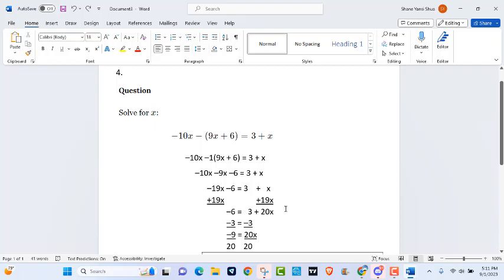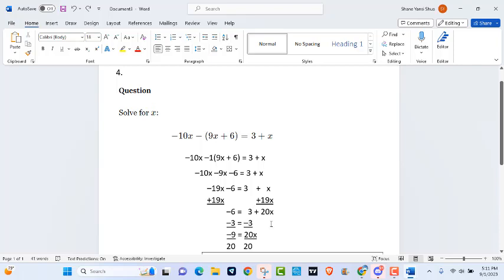Now, we want to make sure that the x is by itself. So I'm going to subtract 3 on both sides of the equation. Subtract 3 here, subtract 3 here. So negative 6 minus 3 gives me a negative 9. The 3 minus 3 cancels each other out, leaves me 20x. Okay?